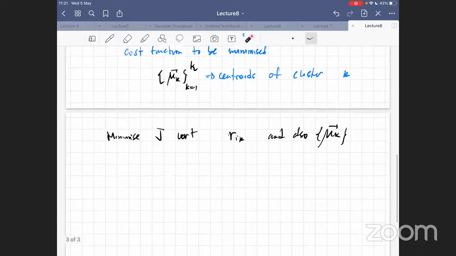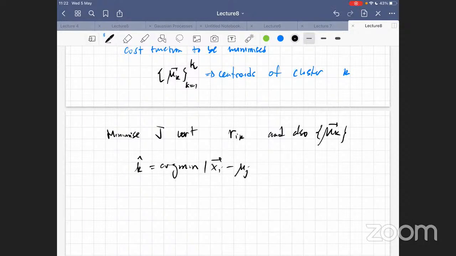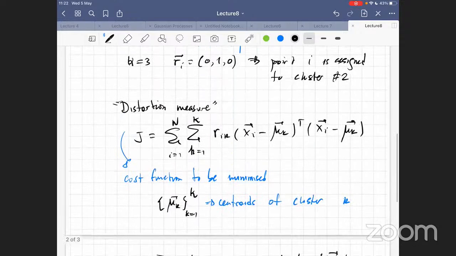So the optimum value of k is going to be the argmin over k of this, but you know that this is just a transposed vector times itself, so it is just the absolute value squared.